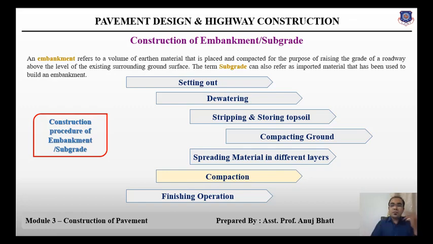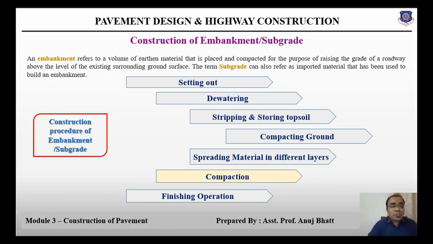The earlier step, compacting ground, was for the natural ground. We compacted that natural ground, then sprayed the material over it, and now on that spread material we have to do the compaction process.